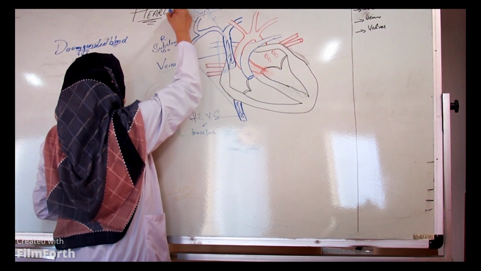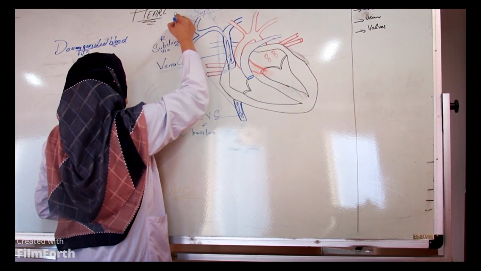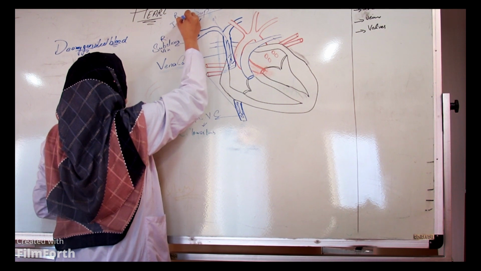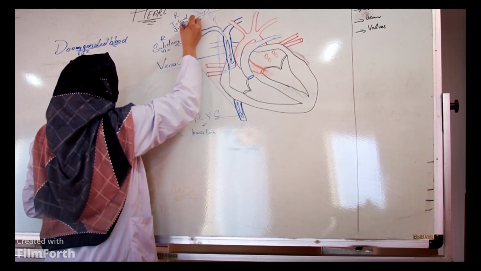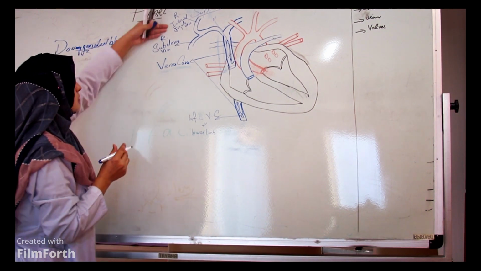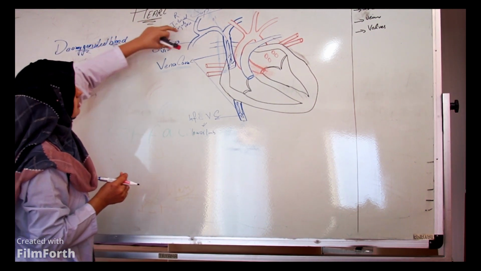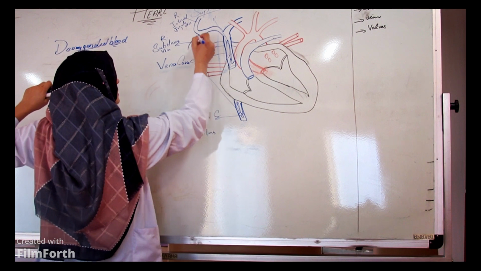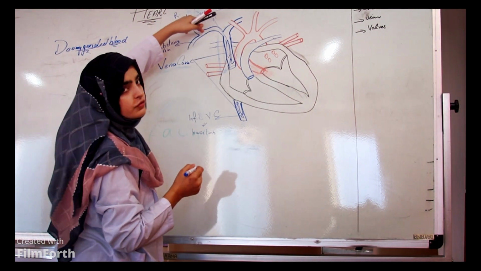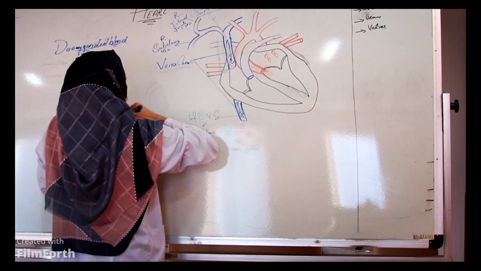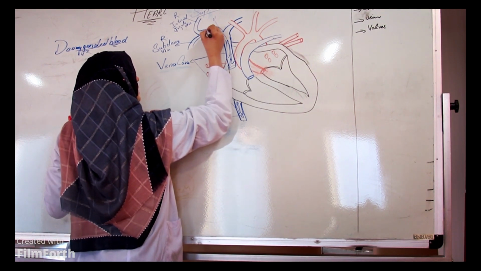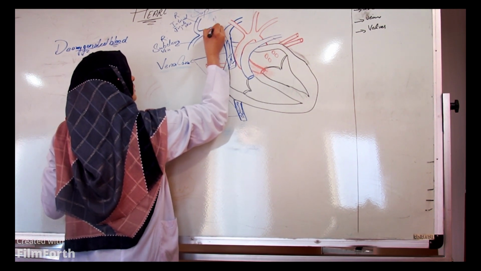And this is the right internal jugular vein. These two combine, make a junction there, and form the right brachiocephalic trunk.